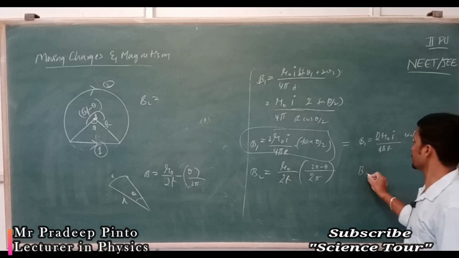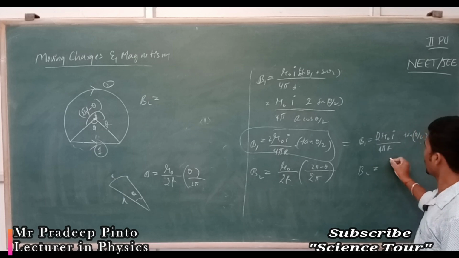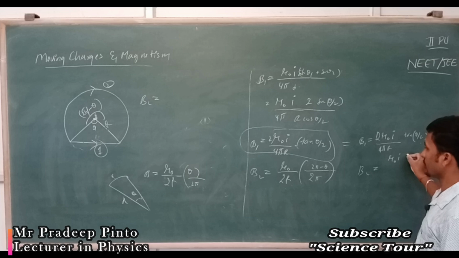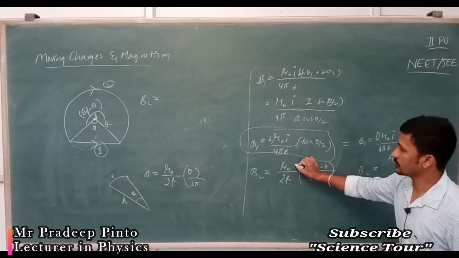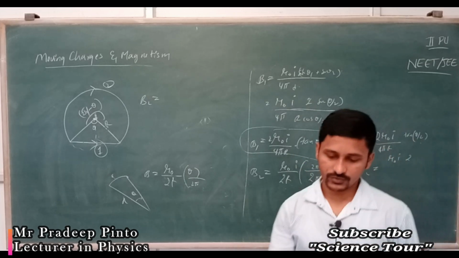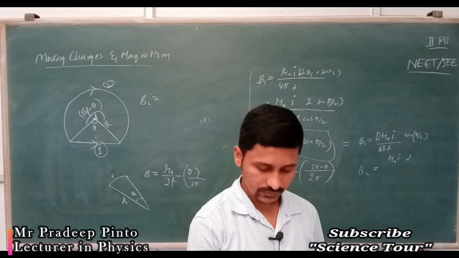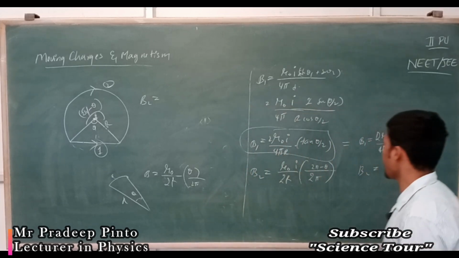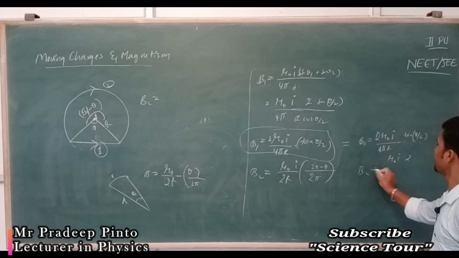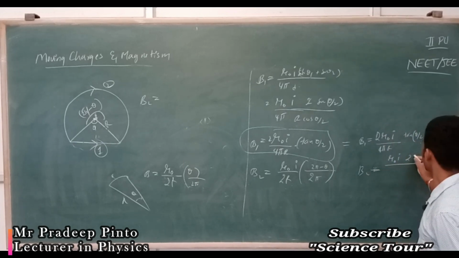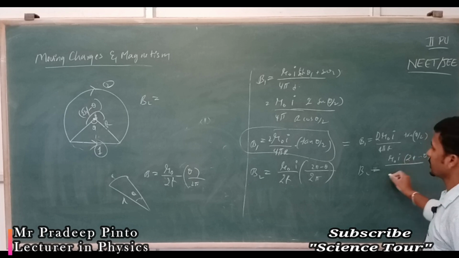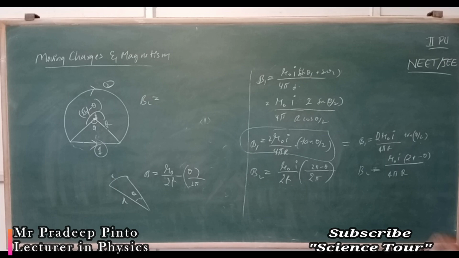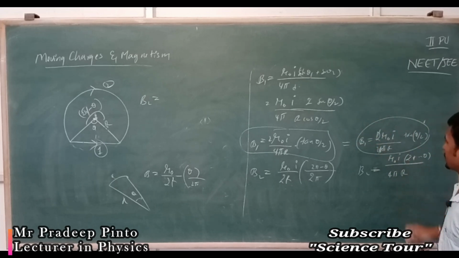And B2 is equal to mu naught I, you have to write I, so mu naught I into 2 pi minus theta divided by 4 pi r. So I can write down B1 and B2. Which one is greater? This one is greater, this one is less.